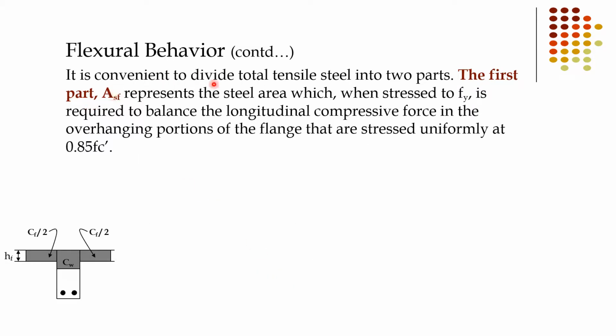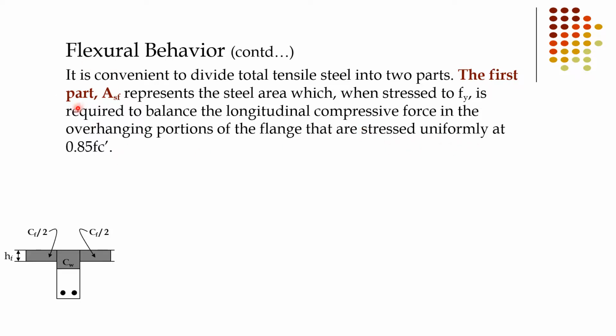It is convenient to divide the total steel into two parts, just like I have shown in Tf and Tw. The first part, Asf, is in the flange, and as the result of Cf, represents the steel area which, when stressed to fy, meaning stressed to yield, is required to balance the longitudinal compressive force in the overhang portion of the flange that is stressed uniformly at 0.85 fc'.